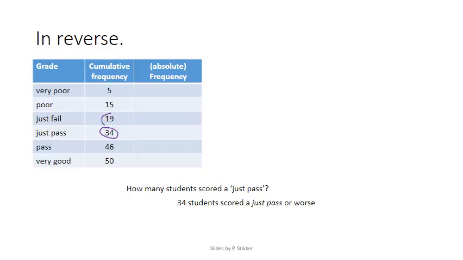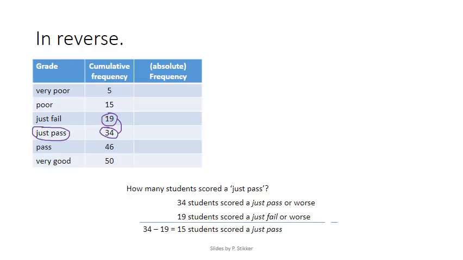We also see that 19 students had a just fail or worse. So the difference between these two should be the number of students who had exactly a just pass, which turns out to be 34 minus 19 equals 15 students, which is the absolute frequency. You can do similar calculations for all the other values as well.